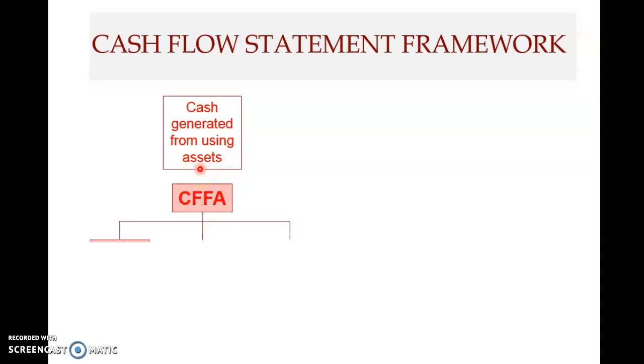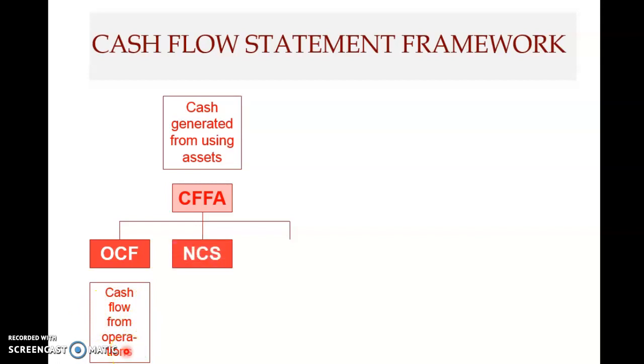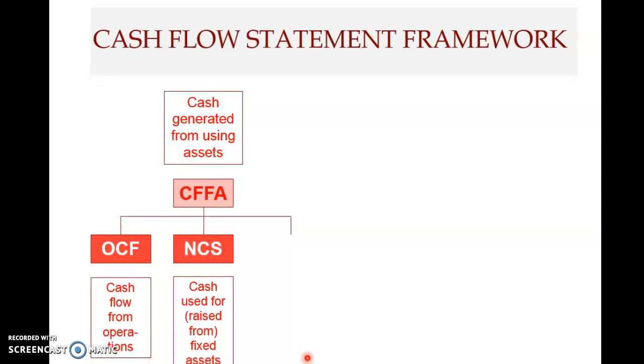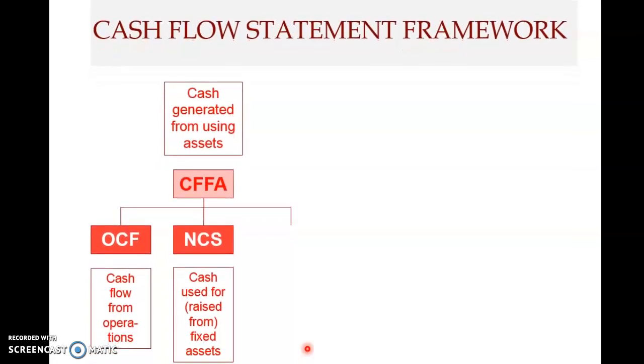Now, this is made up of 3 components. One is the operating cash flow, OCF, or cash flow from operations of the business. The second component of CFFA is net capital spending. Again you can't see the full thing, let me just drag it down a little bit more.